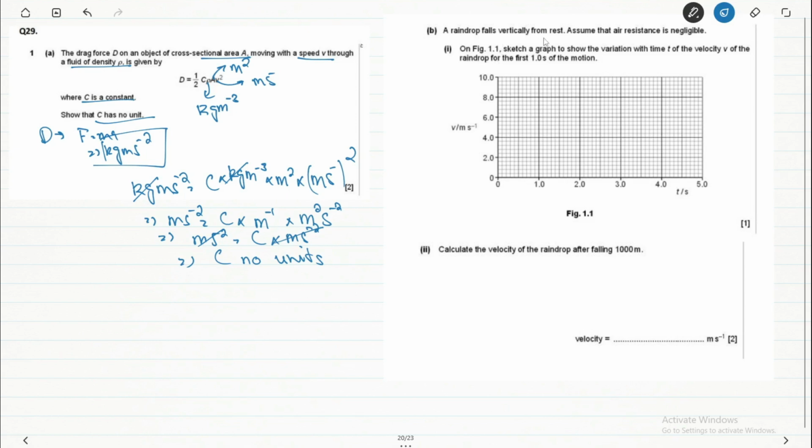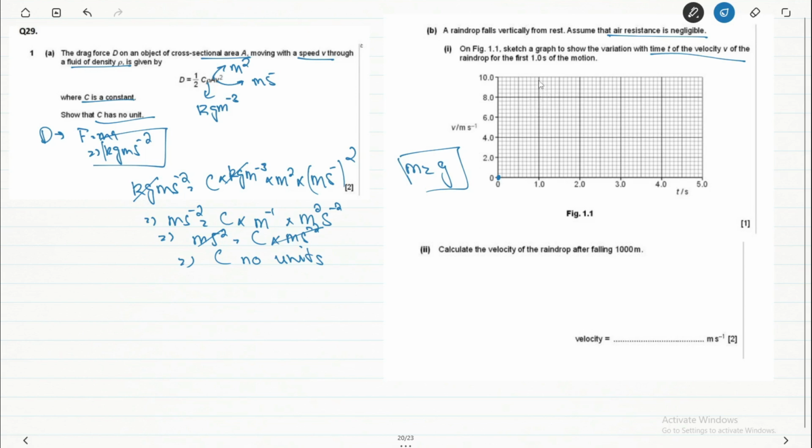A raindrop falls vertically from rest. Assume that air resistance is negligible. On figure 1.1, sketch the graph to show the variation with time t of the velocity v of the raindrop. Now, we know the graph starts at 0, 0, and the gradient would be g, because the gradient of this velocity-time graph is the acceleration, and acceleration in this case is 9.81.